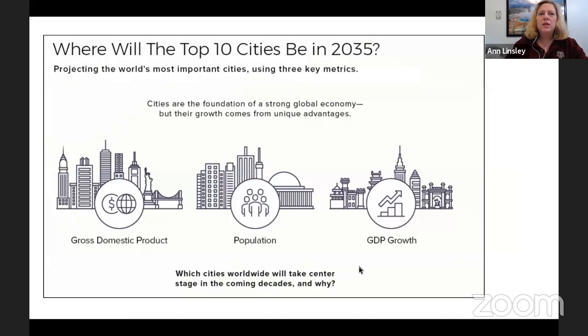All right. So if we look at the next slide here, we have where the cities are going to be by the time we get to 2035. And this is one of the indices. In this index, it is looking at the GDP, population, and the growth of the GDP, and looking at how these cities are going to become global or even increase as worldwide centers.